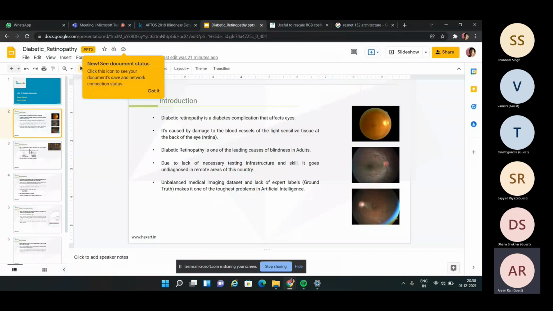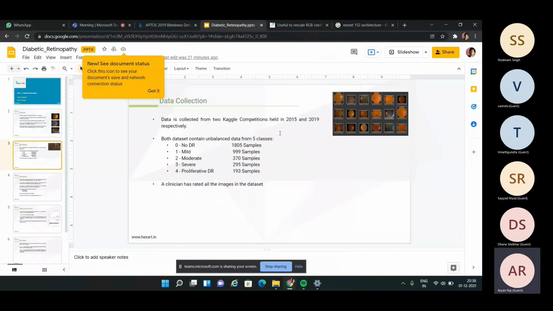Coming to our problem data, this data is collected from the Kaggle competitions held in 2015 and 2019 respectively. Here we have five stages, ranging from no DR to proliferative DR. No DR means the person doesn't have diabetic retinopathy.